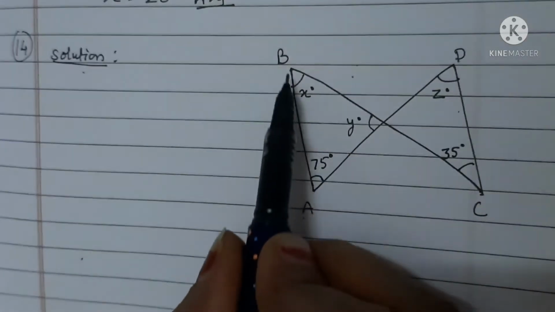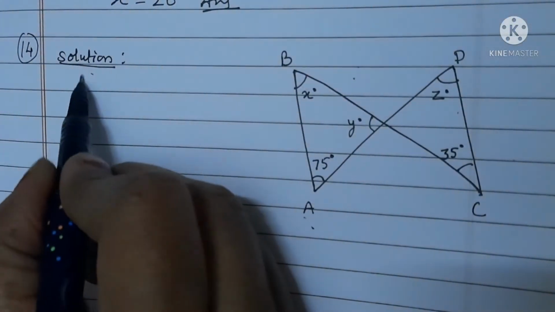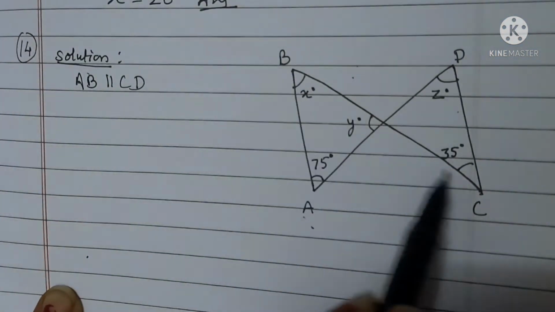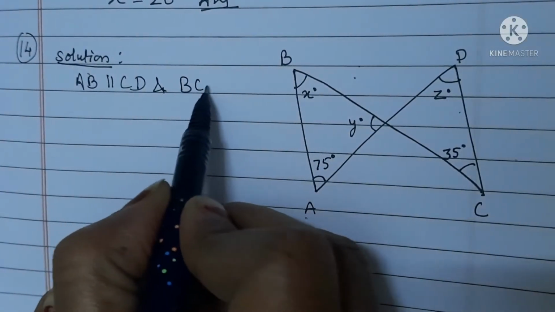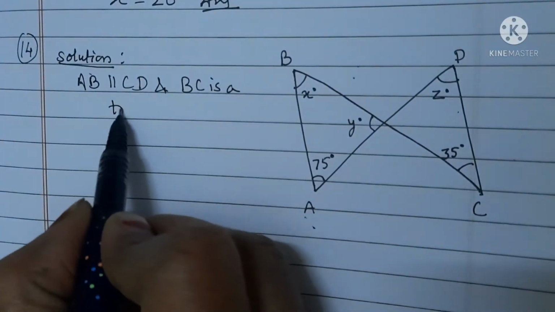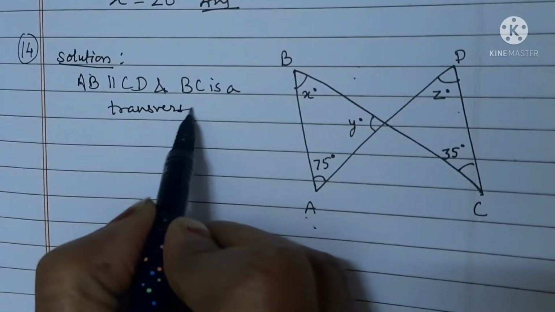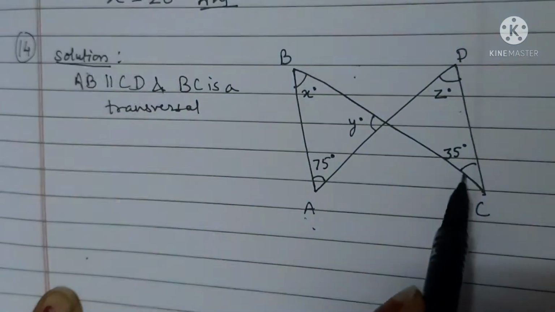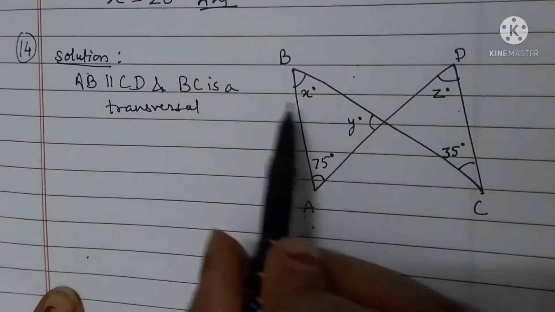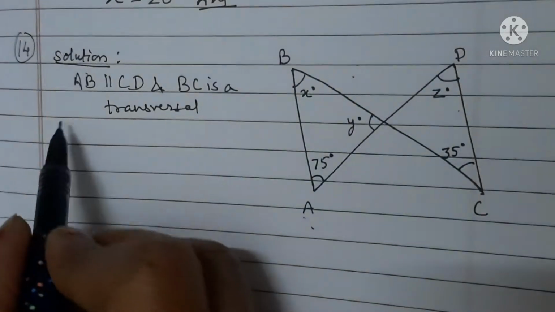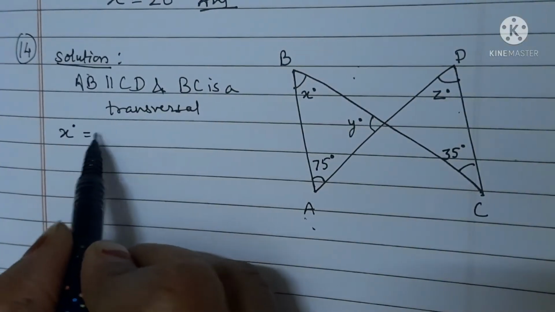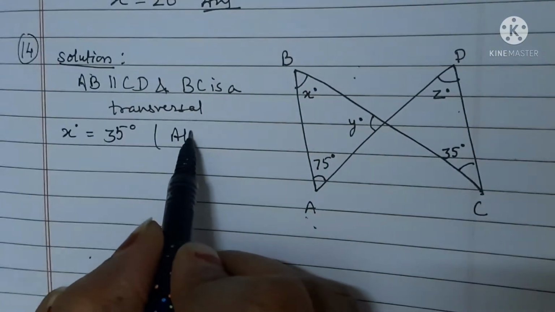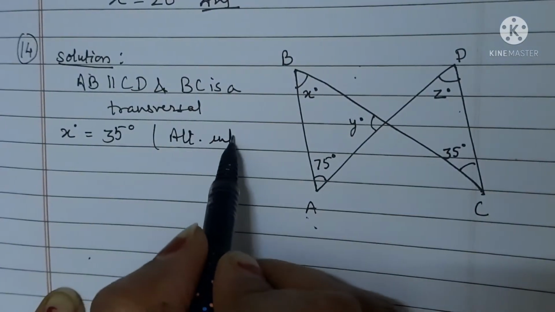According to the figure, AB is parallel to CD and BC is a transversal, so angle x will be equal to 35 degrees. Alternate interior angles are equal. So x degrees is equal to 35 degrees and the reason is alternate interior angles.